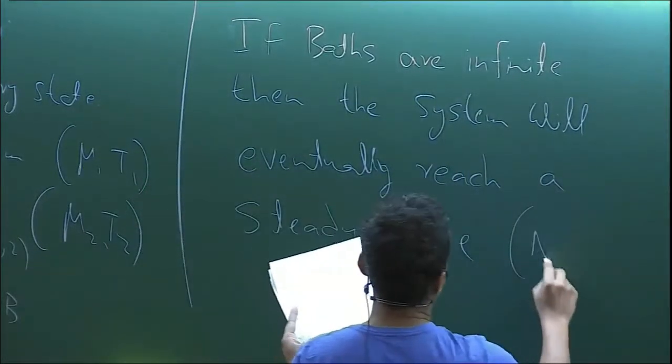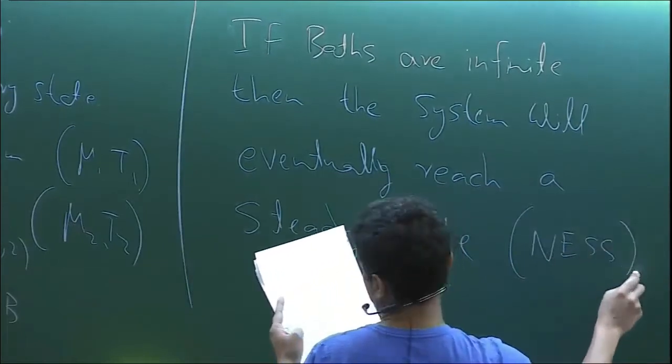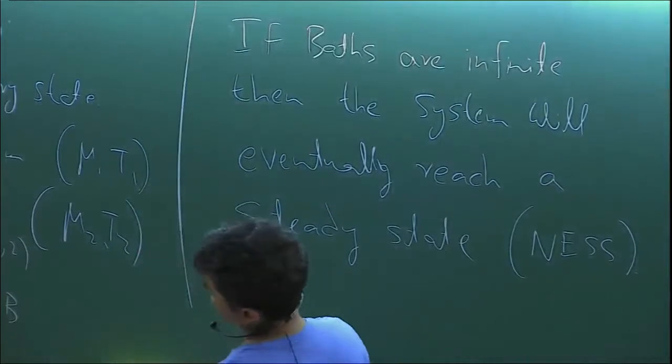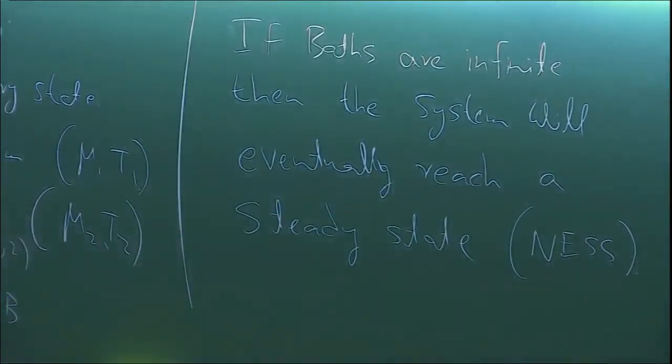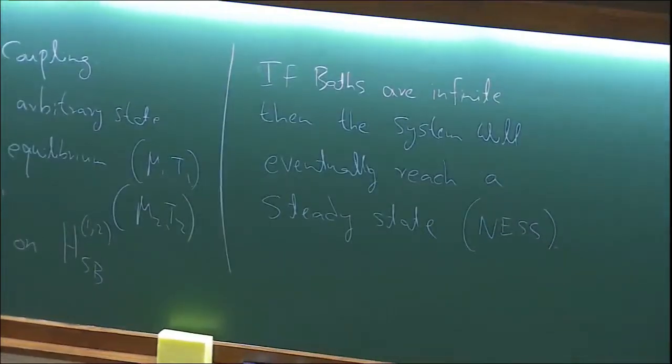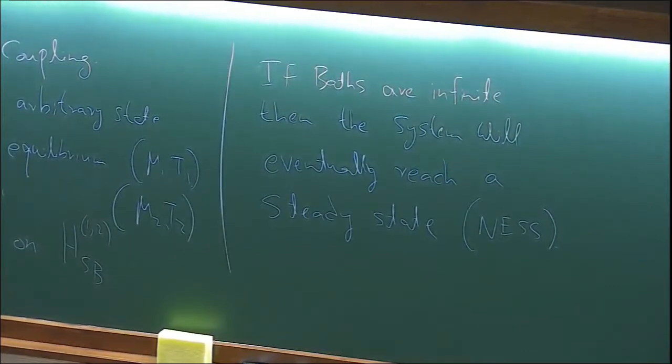This is usually called a non-equilibrium steady state. The system will reach a steady state at long times. What happens in the bath is of course a separate matter. I could think of part of the bath as also reaching a steady state, but not everywhere in the bath will be in a steady state. I'm just interested in the system, and that reaches a steady state.